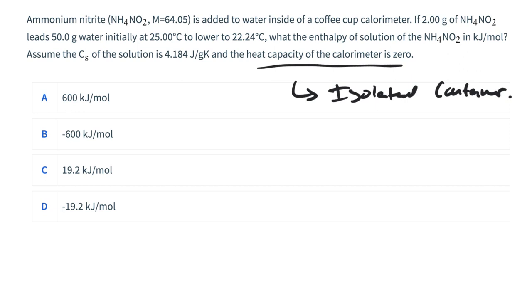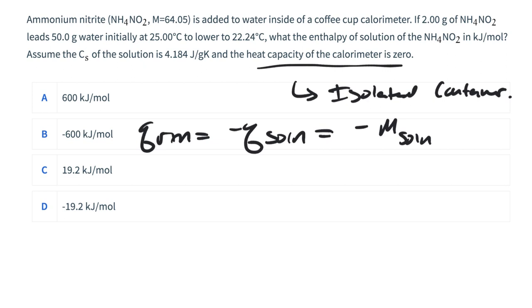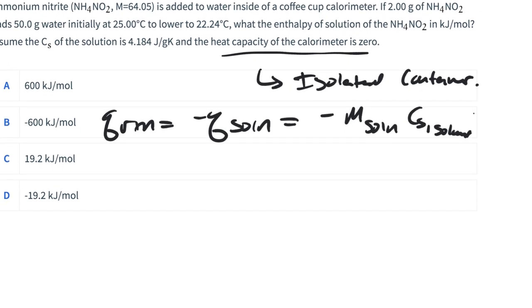But for lecture examples, we're always assuming that the reaction's taking place in an insulated environment. That is just the previous equation. That allows us to write that the heat of the reaction is just the negative of the heat change of the solution, and that would be negative m_solution times C_s of the solvent, times the delta T of the solution.